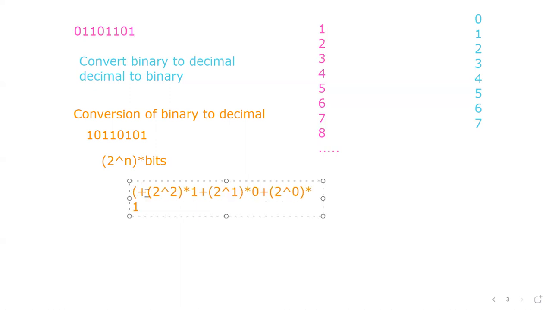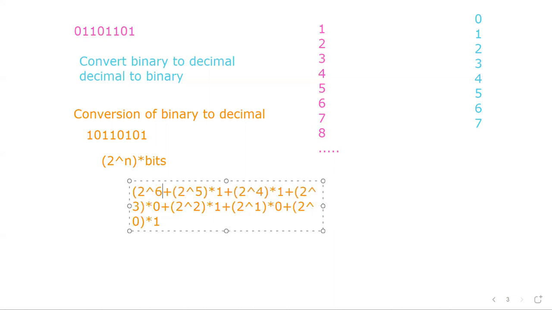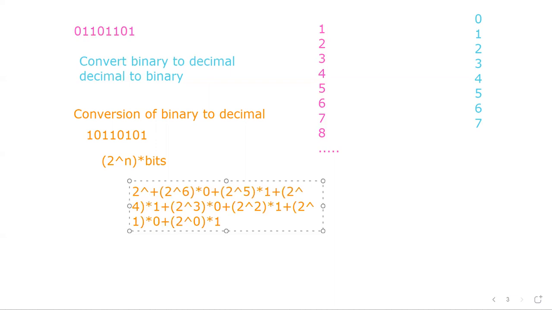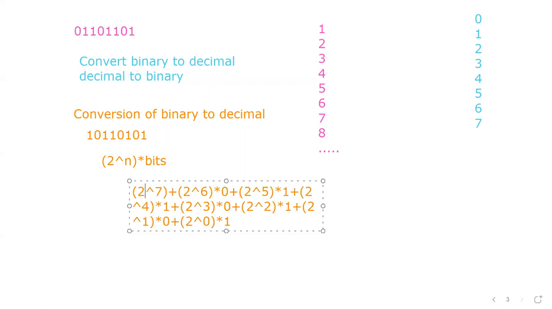Add 2 to the power 3 into the last fourth bit, 0. 2 to the power 4, last fifth bit is 1. 2 to the power 5, sixth bit is 1. 2 to the power 6, seventh bit is 0. Add 2 to the power 7, last bit is 1.